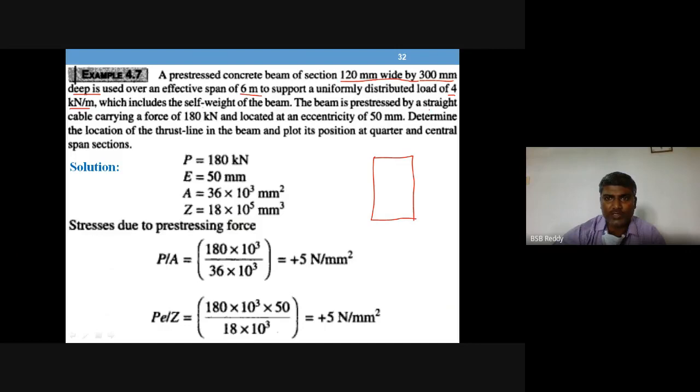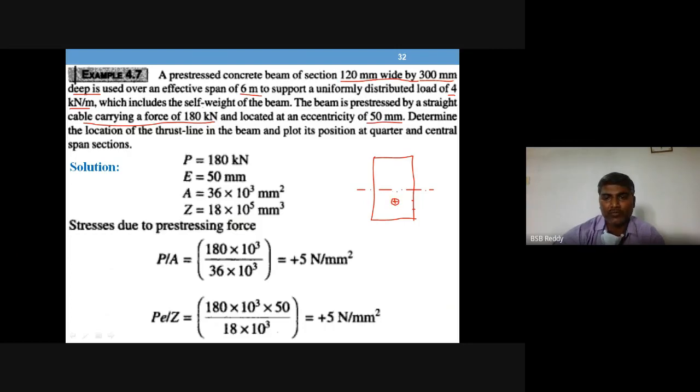The beam is pre-stressed by a straight cable carrying a force of 180 kilonewton and located at an eccentricity of 50 mm. So which means if this is 300, the CG of concrete is 150, right? So eccentricity of the cable means this is the location of the cable duct, right?